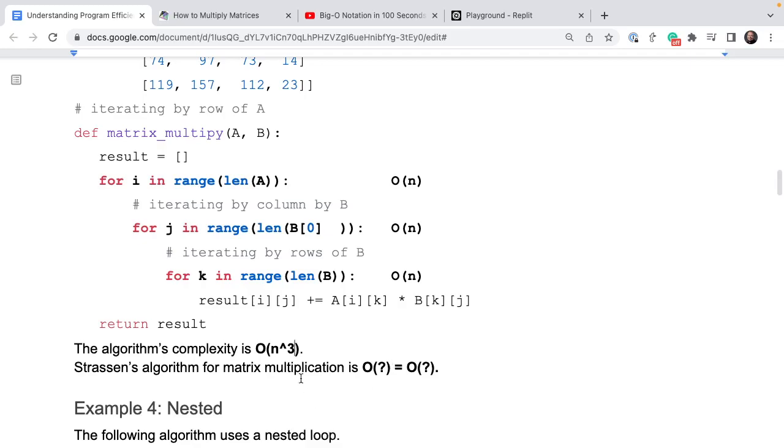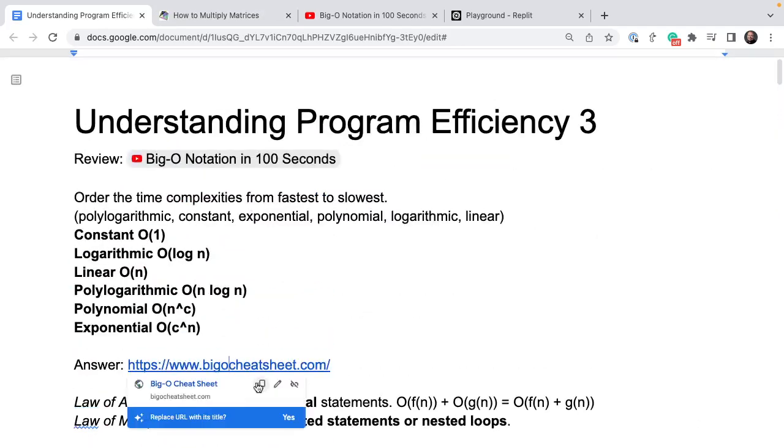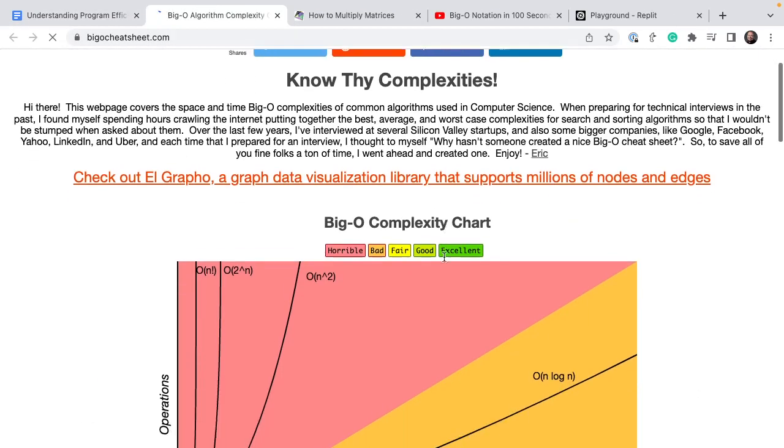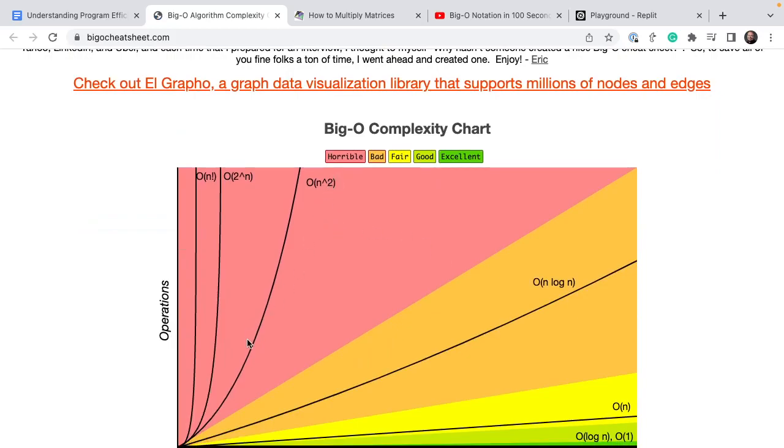So if you remember, is this a good algorithm? Is n cubed fast? You could remember back to our chart, or where was our cheat sheet? Where was it? Up at the top? If you look at this, polynomial time algorithms are horrible. n squared is horrible, so n cubed is even worse.